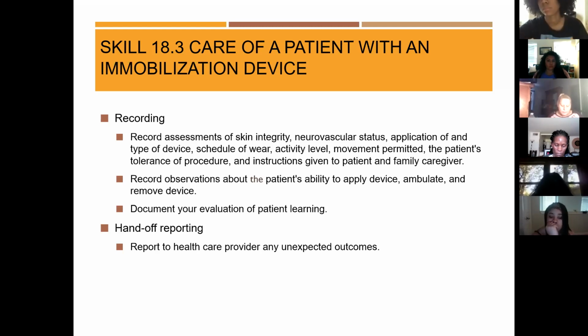What else do I want to say? Patient scheduled to wear this device for 18 hours and verbalized understanding of instructions. Patient is to be non-weight bearing to left extremity and has adhered to this order while in the care of this nurse.